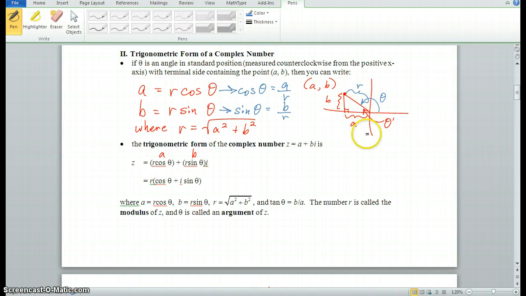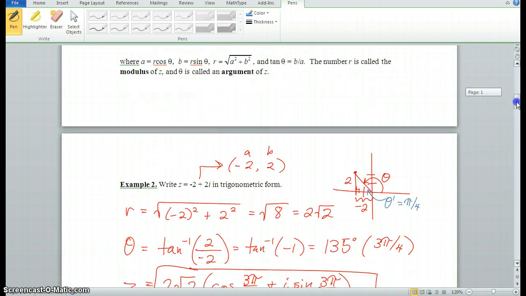So we are going to use right triangle trig throughout this lesson. Let's continue.